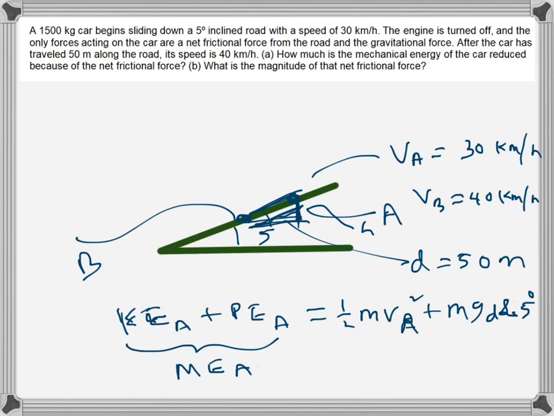And this potential energy is relative to point B. At point B the potential energy will be 0 because it depends on the height difference, and point A's potential energy is this much with respect to point B. Point B's potential energy will be 0 because it has come down that much height.